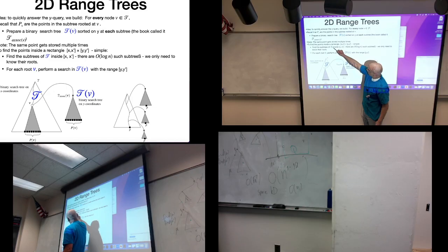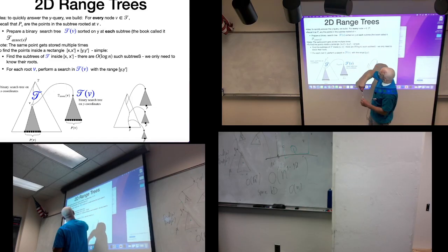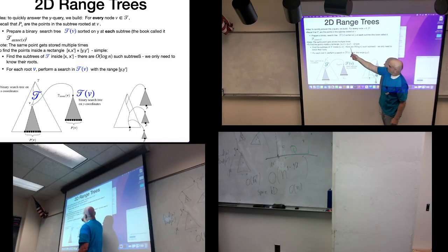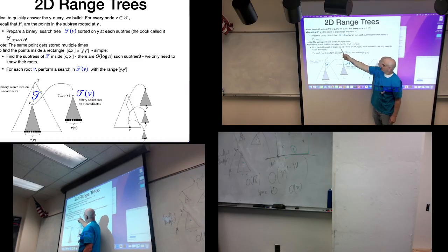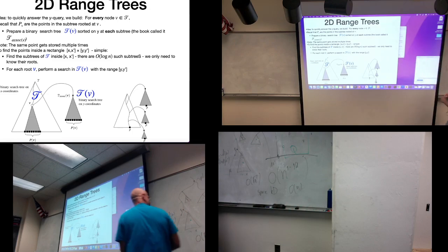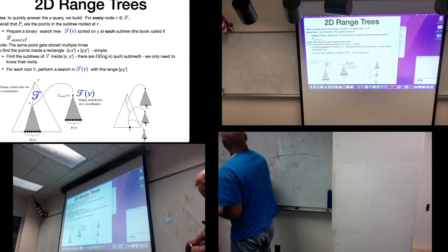How do I perform a query now? So remember, how do I perform a query? I go to the main tree and perform a query with X and X prime, X1 and X prime. Right? Only the X values. What do I get as a return from performing the query in the main tree?